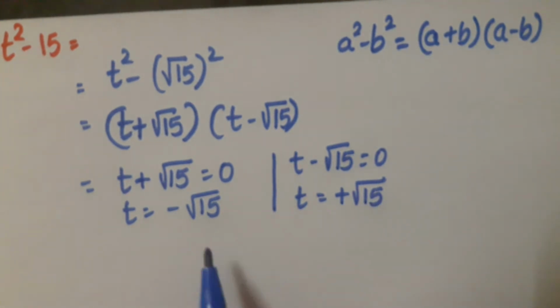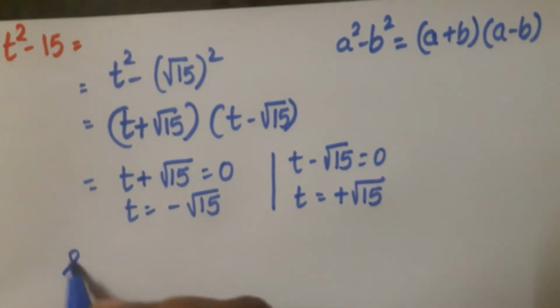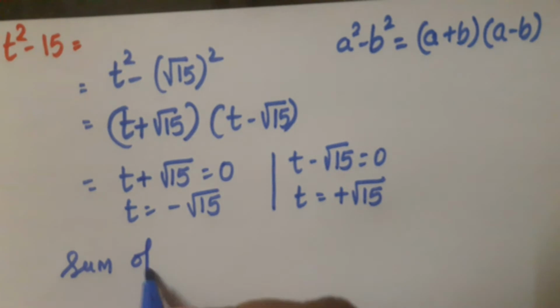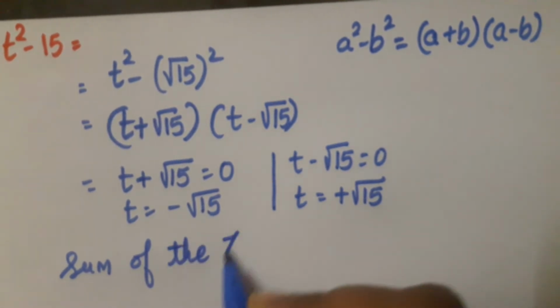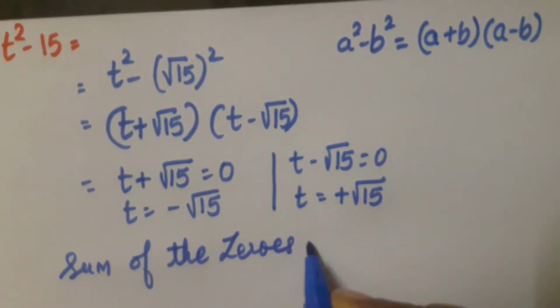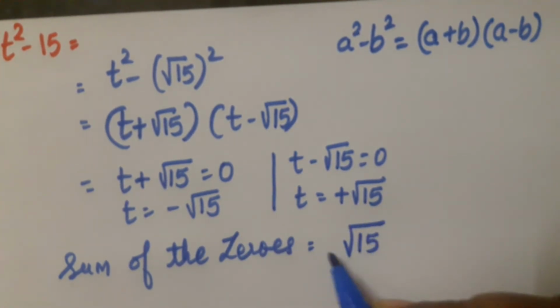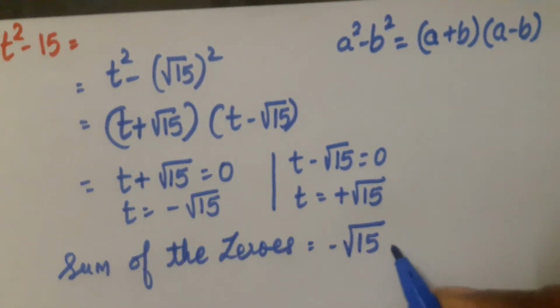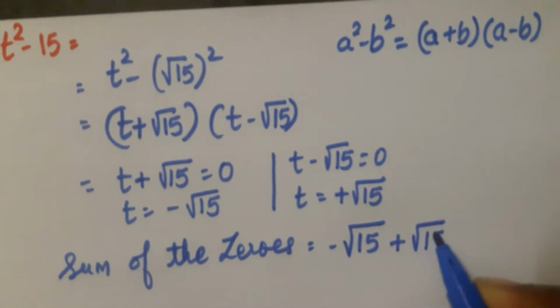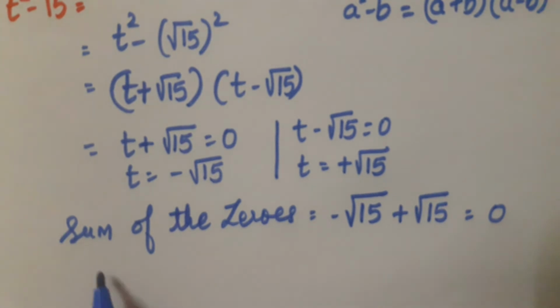Okay. So sum of the zeros is equal to, we are going to add these factors. So I am going to get minus root 15 plus root 15. So it becomes 0, right? Now what is the product of the zeros?